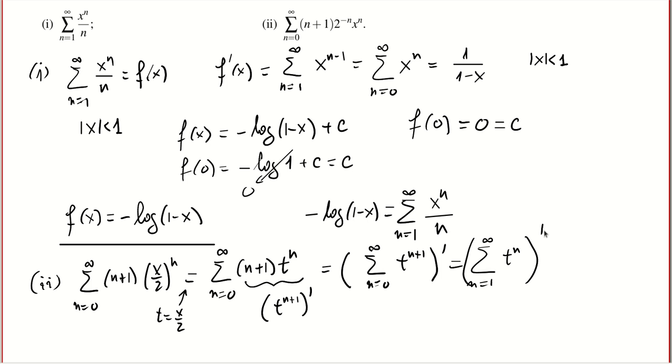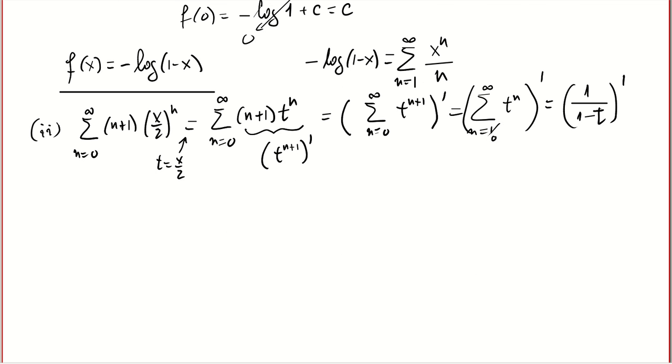Since we are taking the derivative, it doesn't matter if we start at 1 or at 0. So we begin at 0, because starting at 0 we're just adding a constant, and the derivative of a constant is equal to 0. So this is the derivative of this function here.